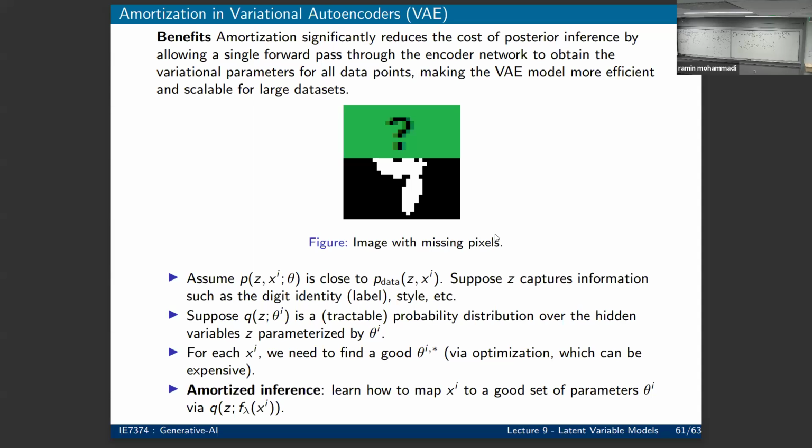Remember previously we had q(z; theta_i). Instead of that theta i, we have this model that gives us whatever value we need. So we don't need to learn one set of parameters per data point. We just have one fixed neural network that does the job for us. So that becomes the amortization part.